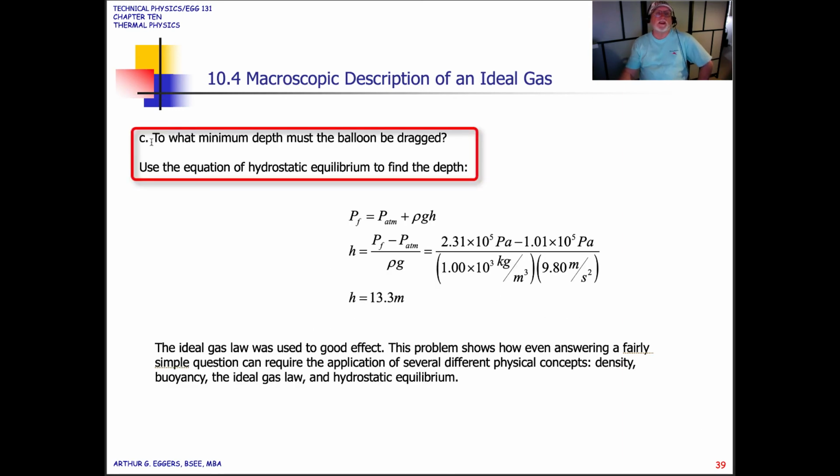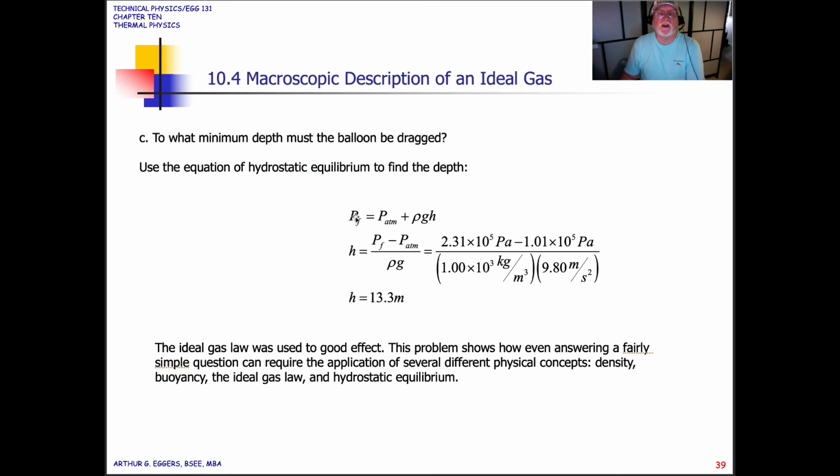Part C asks us, to what minimum depth must the balloon be dragged? So we use the equation of hydrostatic equilibrium to find this depth. The final pressure is equal to the atmospheric pressure plus rho g h. We can solve for h by moving our terms around so that h is equal to the pressure final minus the atmospheric pressure, divided by the density and the acceleration of gravity, rho g.